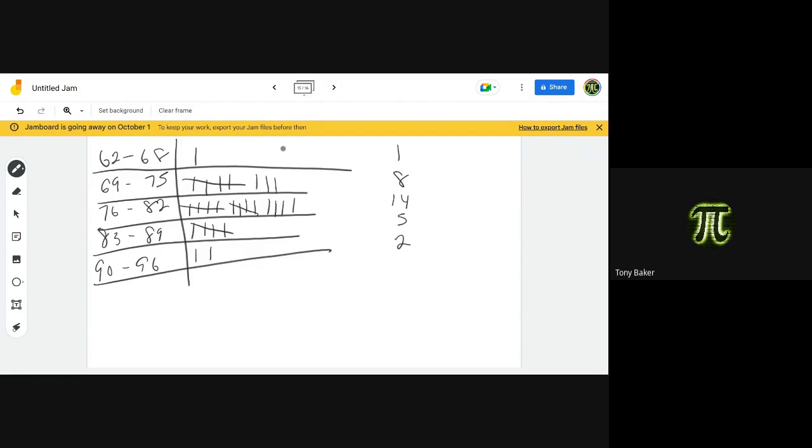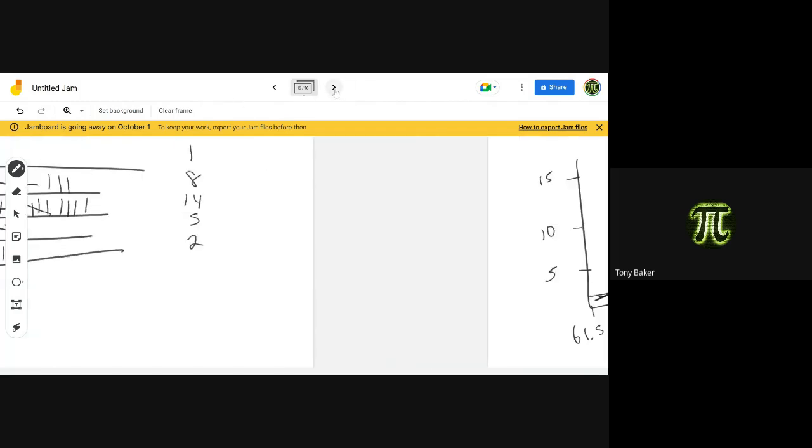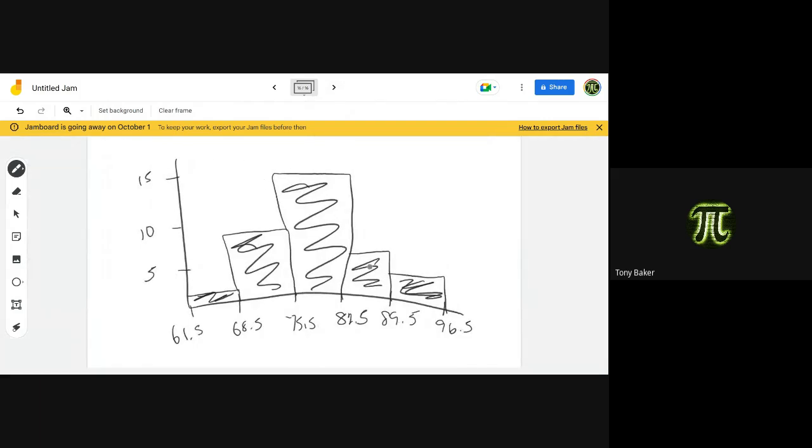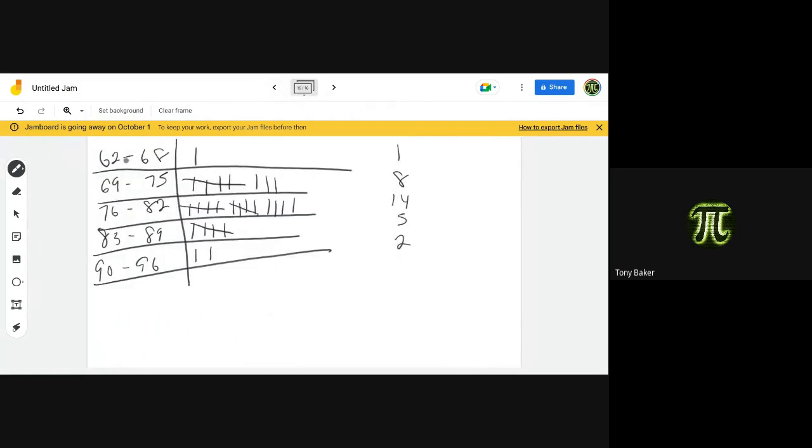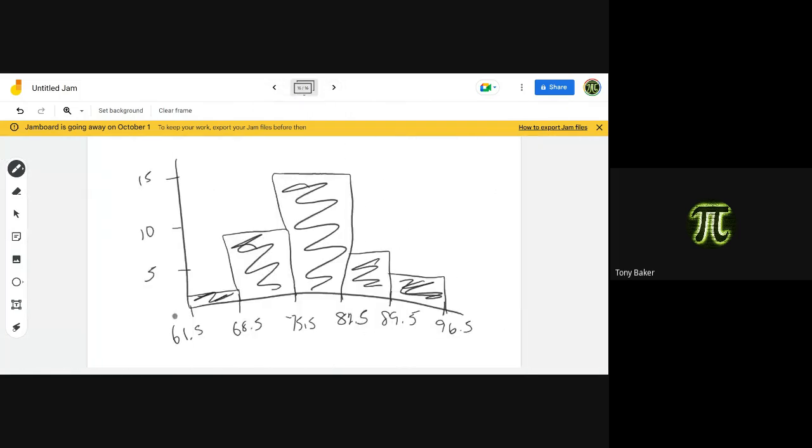So that's the first step. Once you get your classes, do your counting. Then when we get our counts, we can make our chart. Notice the middles. I was starting originally at 62, so my first one is 61.5. And then I go to 68.5. You can see my horrible drawing skills.